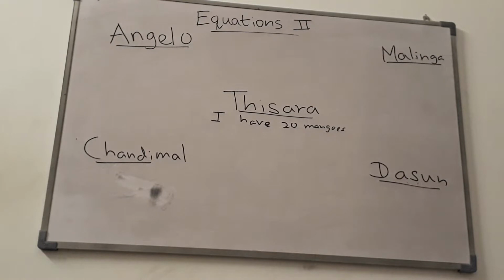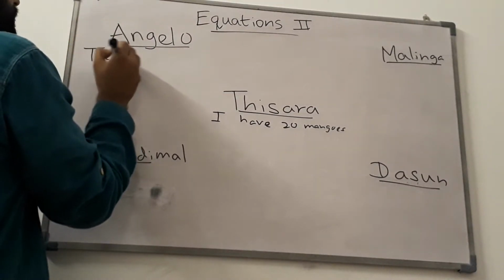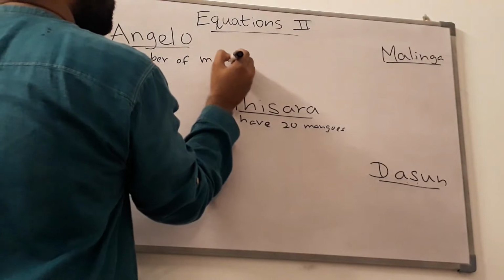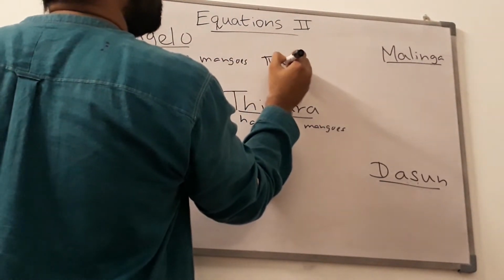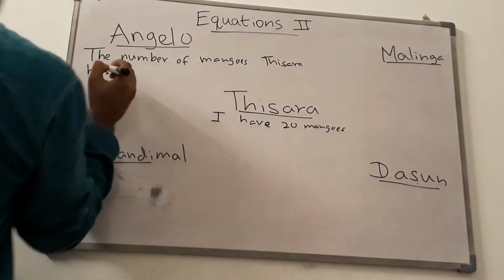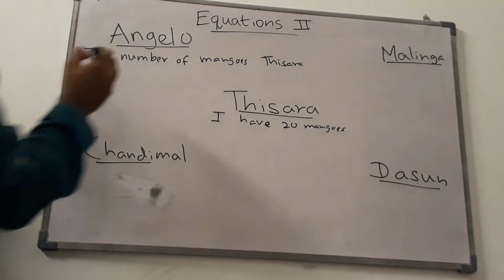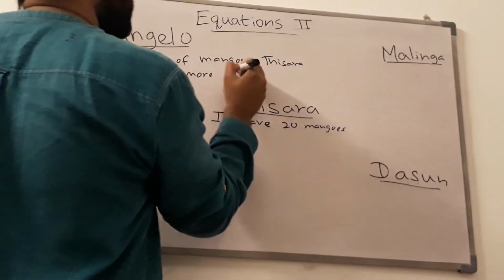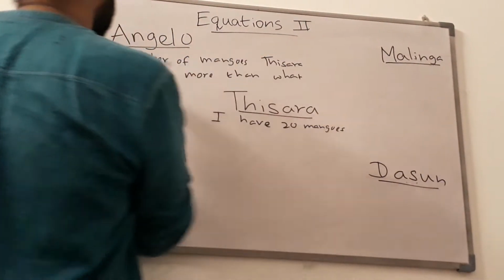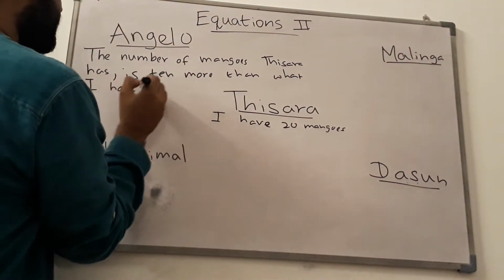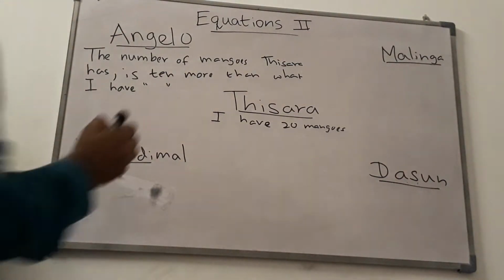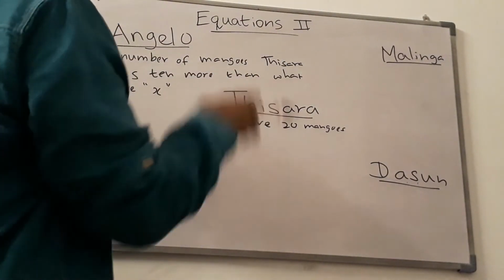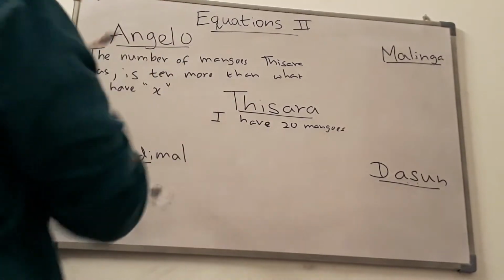Angelo says, the number of mangoes Tissara has is 10 more than what I have, and what he has here is X. The number of mangoes Angelo has is X.